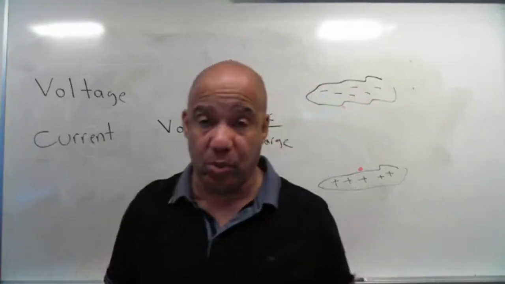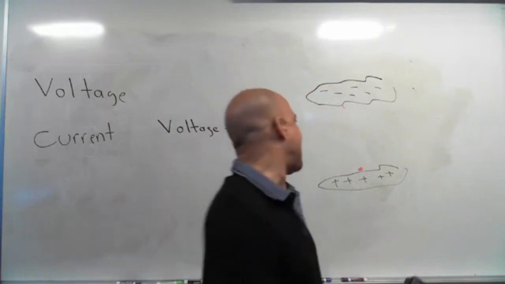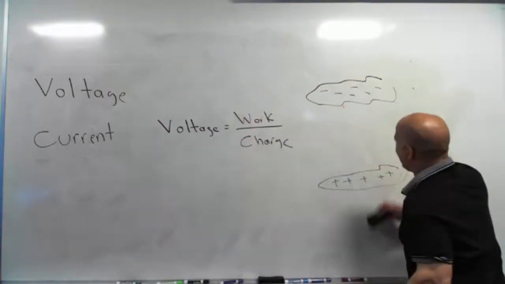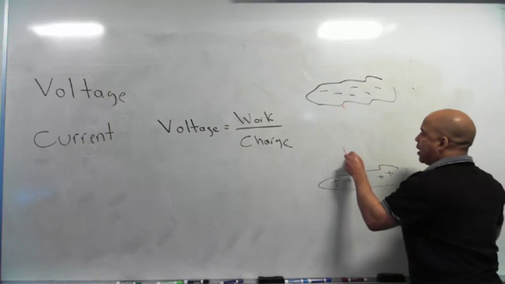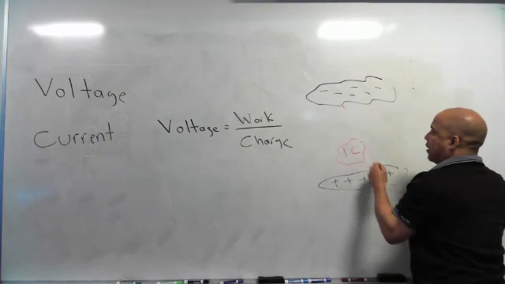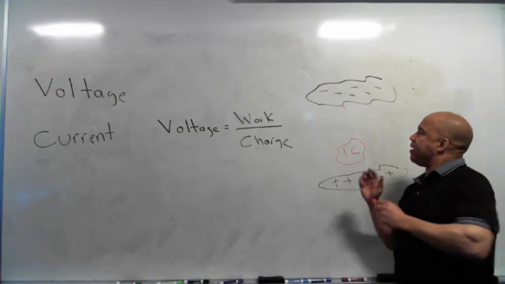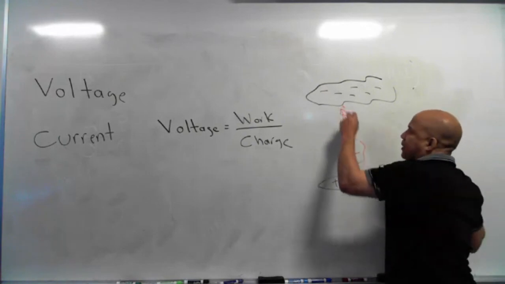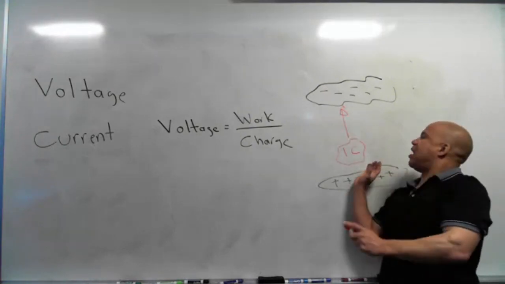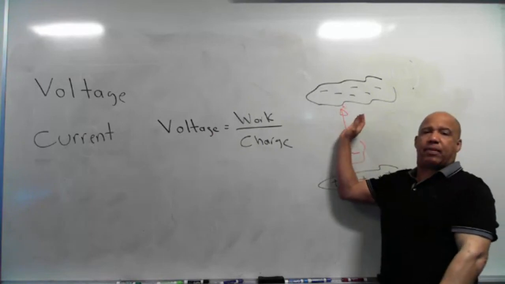We move coulombs of electrons. So assume I have 1 coulomb of electrons, and I want to push those from here all the way up to there. I got to do a lot of work to move all those electrons.